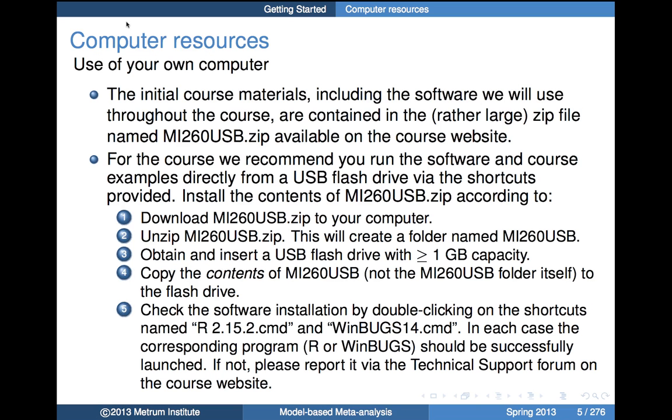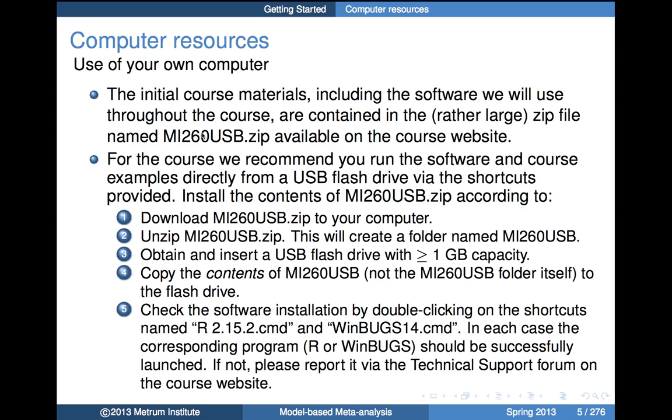Normally that will not cause problems with most companies' security issues, since generally all of the work is done right on there. All of both any source files as well as any results from the analyses are generally kept there. So the course materials are in that zip file called MI260 USB.zip. To use that, first download it to whatever location is appropriate.